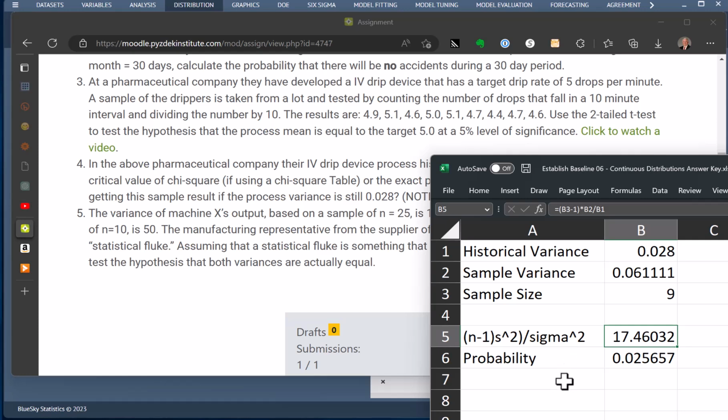So what we're asking is, what are the odds of getting this variance if that's the true historical variance? And the variance is a highly variable estimate, so we need to test it with statistics.